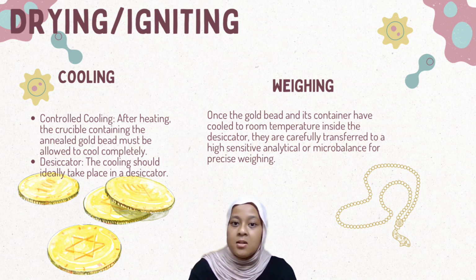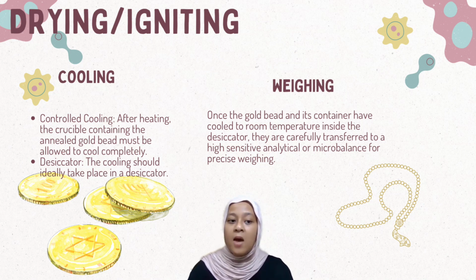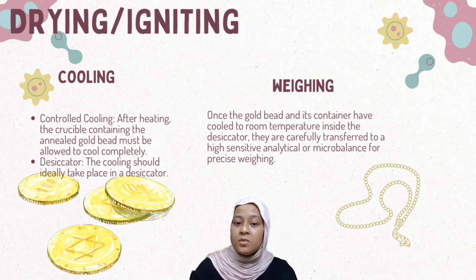And the last procedure is weighing. Once the gold bead and its container have cooled to room temperature inside the desiccator, they are carefully transferred to a highly sensitive analytical balance or microbalance for precise weighing.